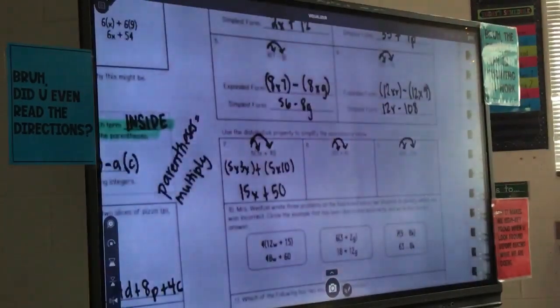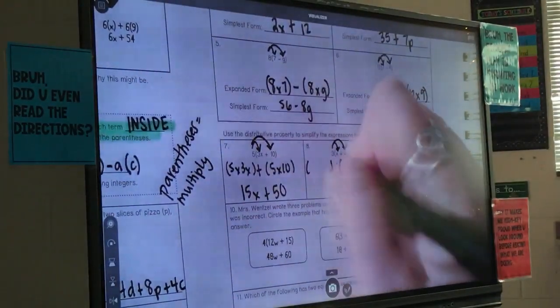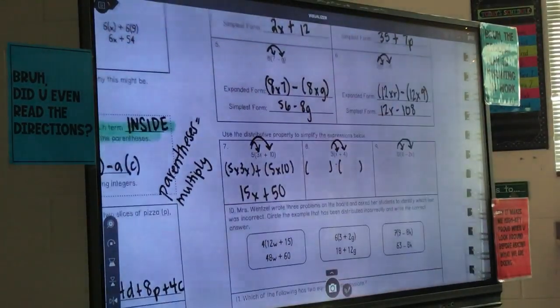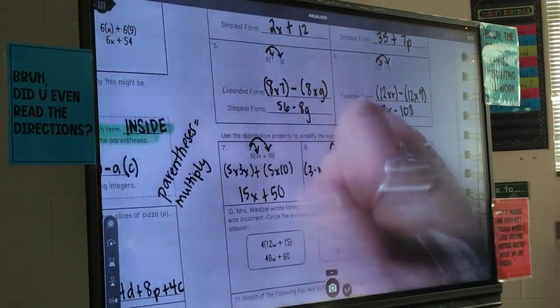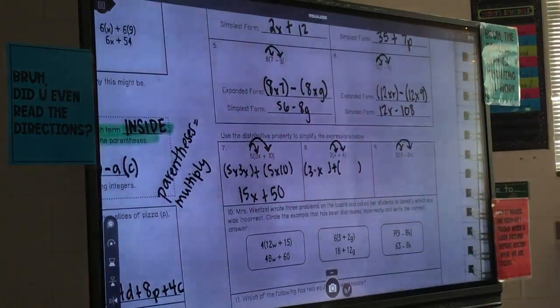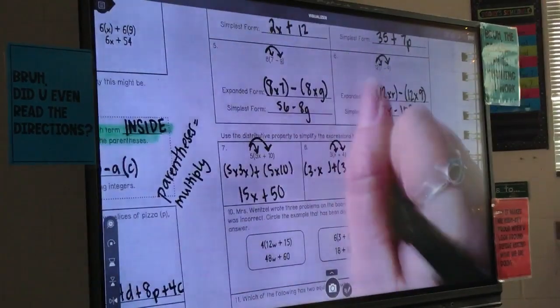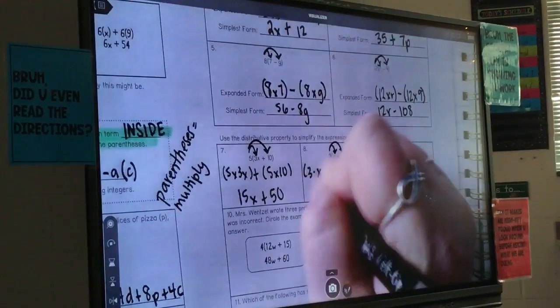All right, the next one. Raise your hand and tell me what goes inside the first parentheses. All right, Silas. 3 times x. What goes in between them? Plus. And what goes on the outside? 3 times 4. And what do you get when you simplify? 3x plus 12.